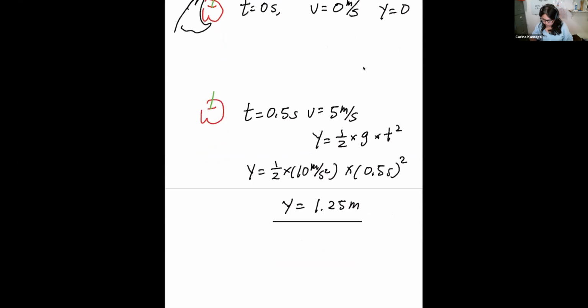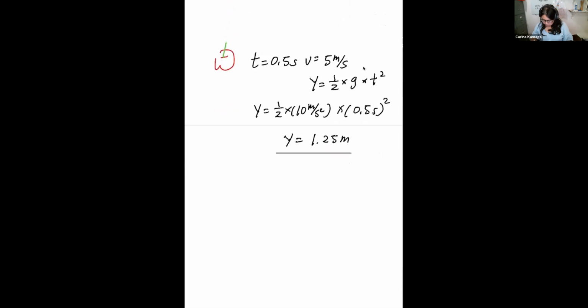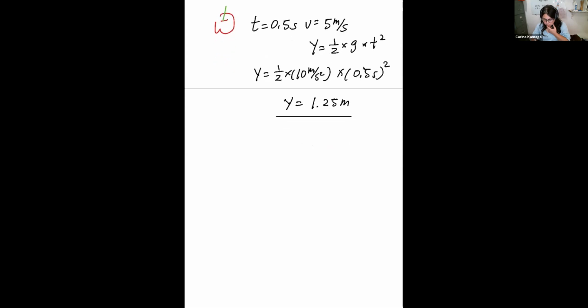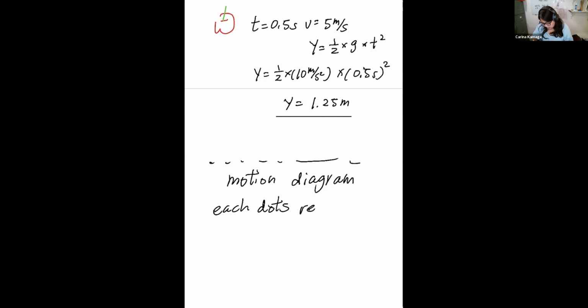Imagine this though. I'm going to show what is called a motion diagram. Each dot represents the location at that time.